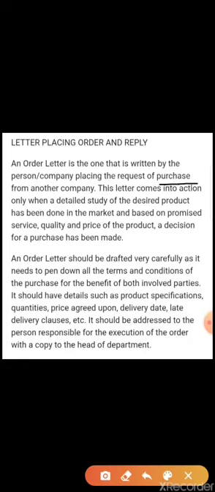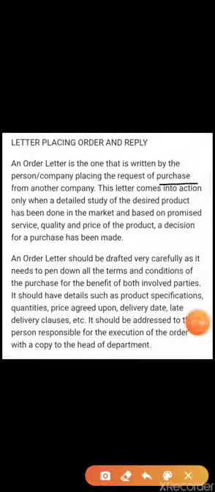This letter comes into action only when a detailed study of the desired product has been done in the market, and based on promised services, quality and price of the product, a decision for a purchase has been made.